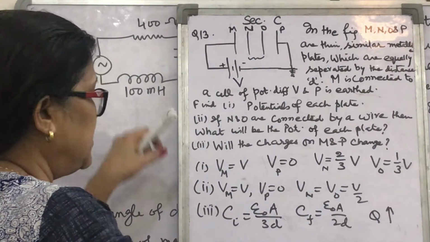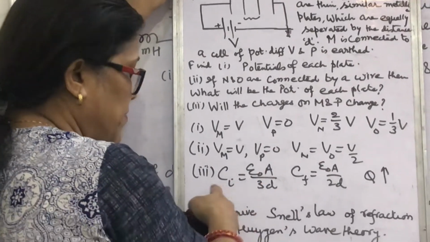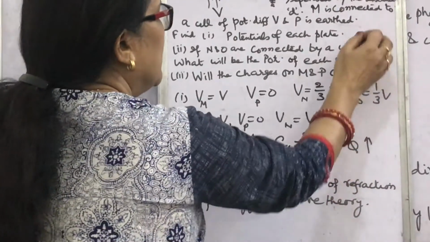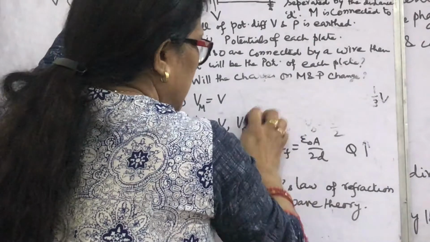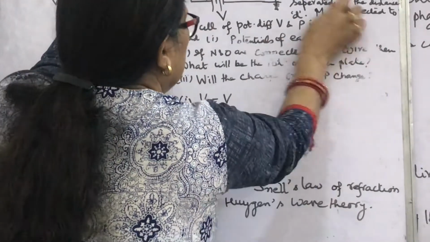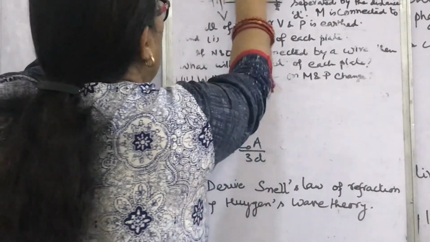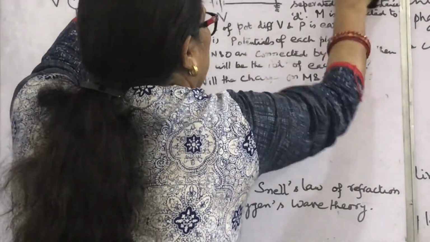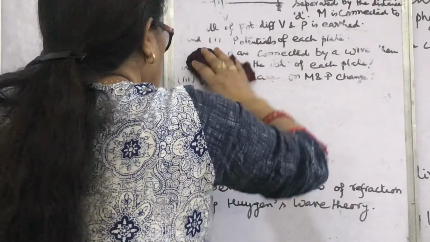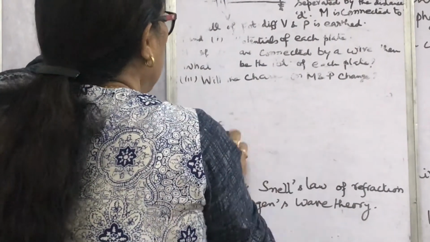Look at question 14. Okay, I am going to rub this. In this question, it is given: derive Snell's law of refraction using Huygens wave theory.